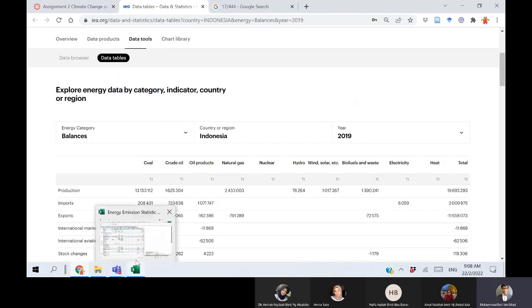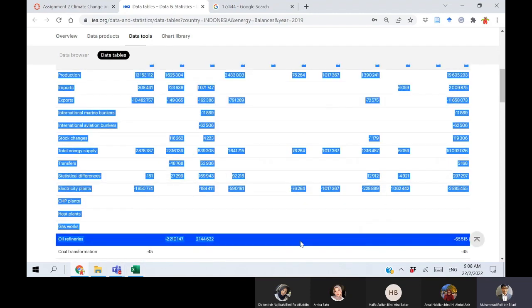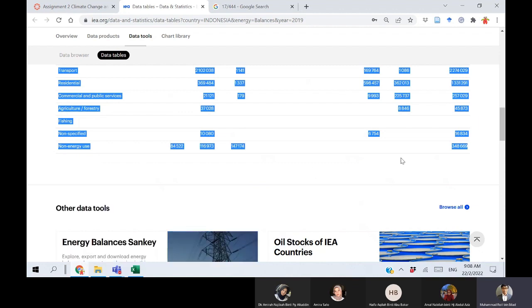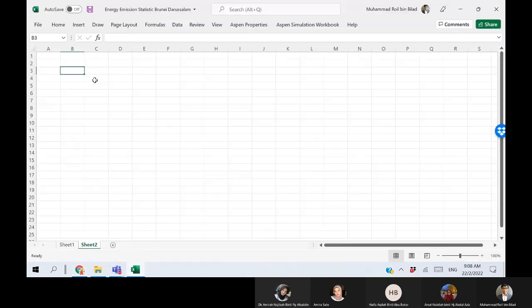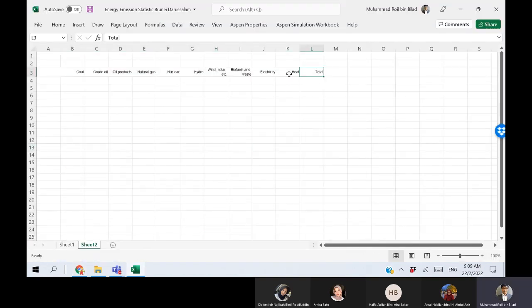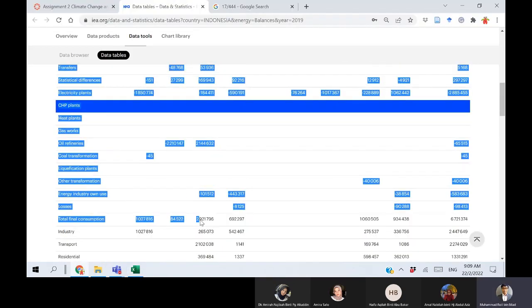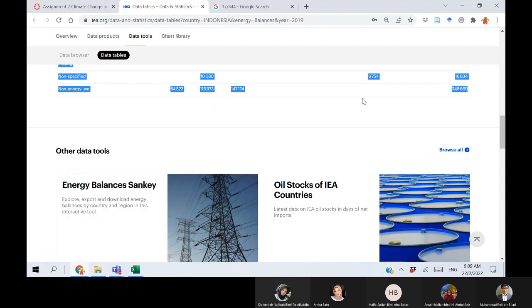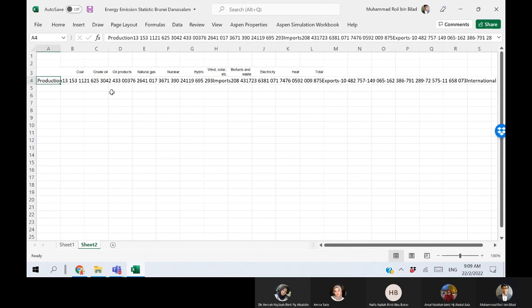You transfer it into Excel. Actually, transferring was not that difficult. You can easily copy paste this one. Okay, differentiate. Let's try this. Oh, cannot.